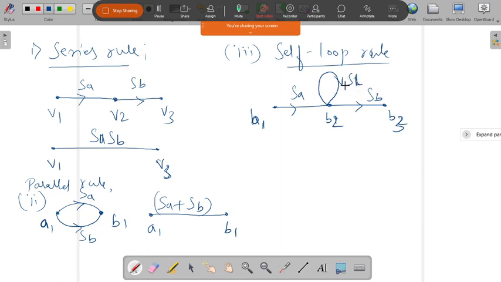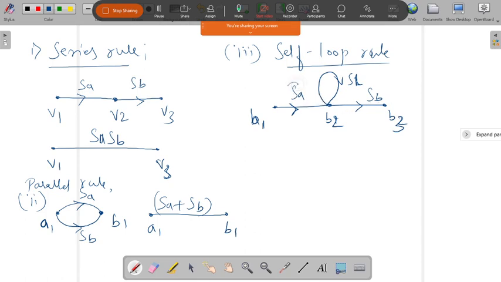Now how can we reduce this loop? Look at the signal which is flowing towards the loop, the signal which is coming into the loop. So this loop we can reduce with respect to the branch which is coming towards the loop, not going away from the loop.